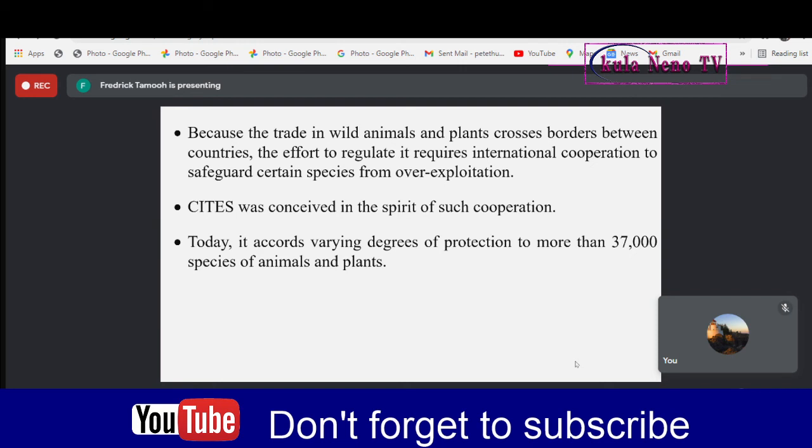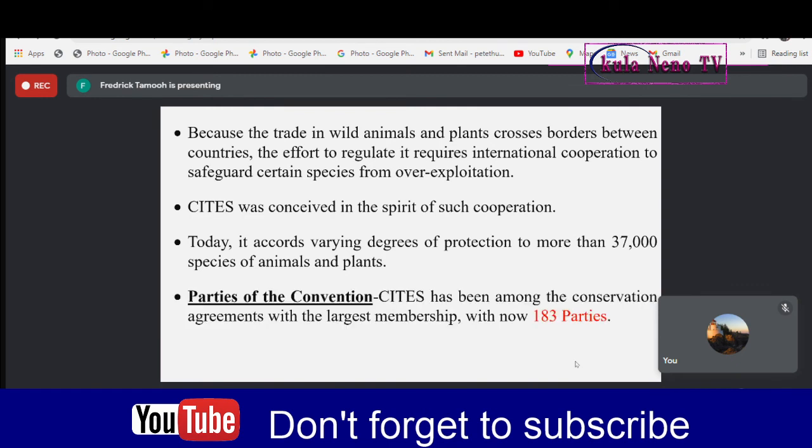But that does not mean that CITES is not equally doing its job. CITES has been able to list approximately 37,000 species of animals and plants in general.